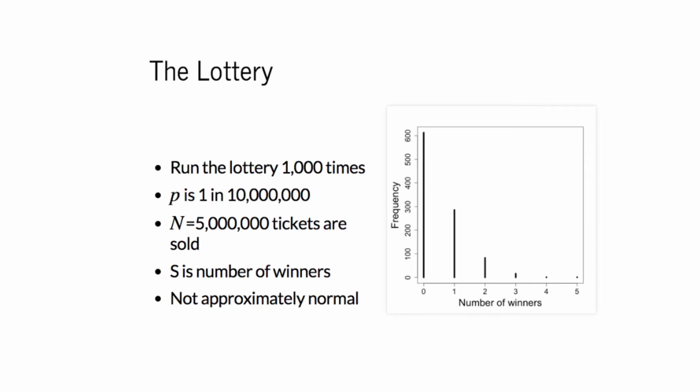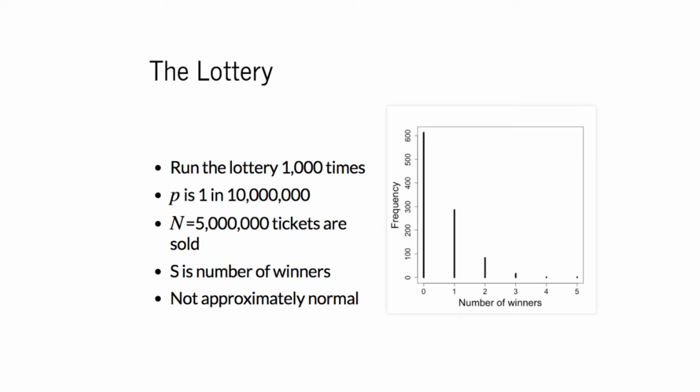So suppose that we're trying to model the number of people who win the lottery. This is going to be S. So if you think about it, this should follow a binomial distribution. Let's go step by step. So in the simulation that I've run here that produced the figure on the right, we ran the lottery 1,000 times.